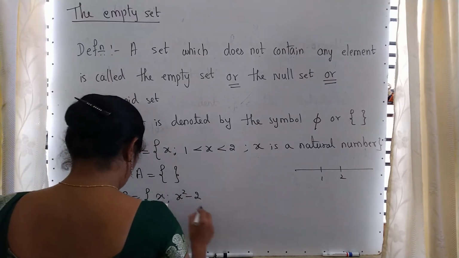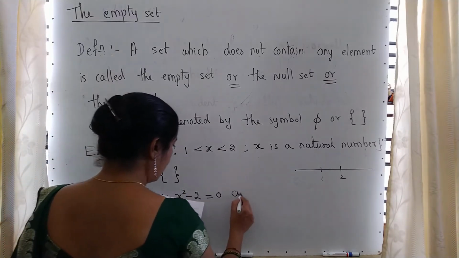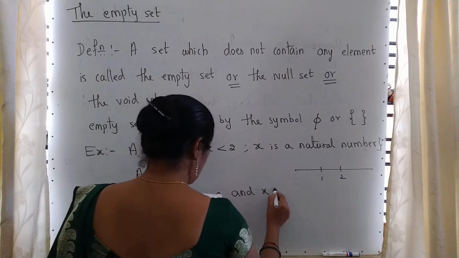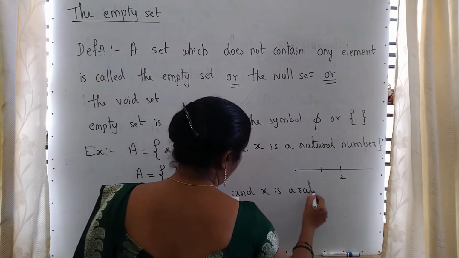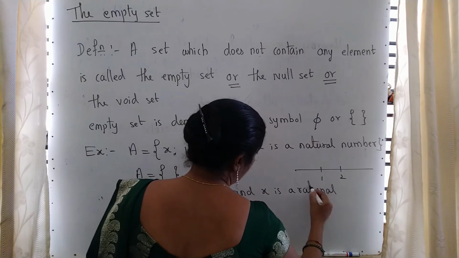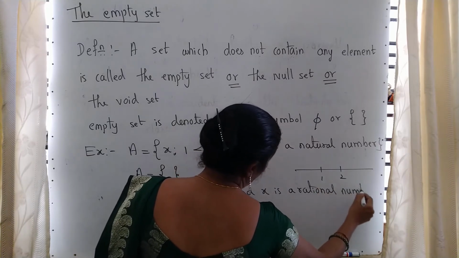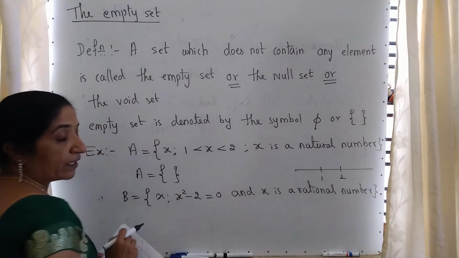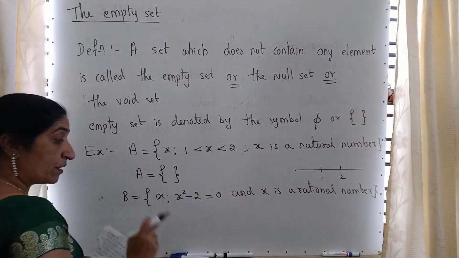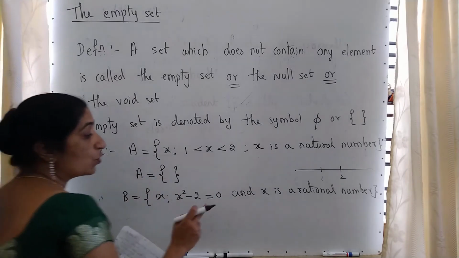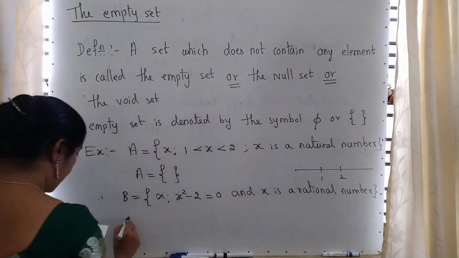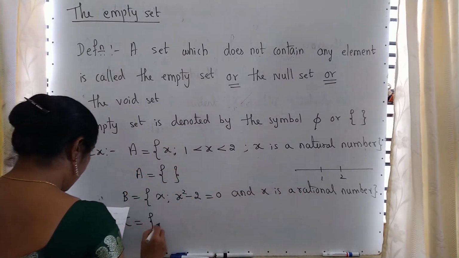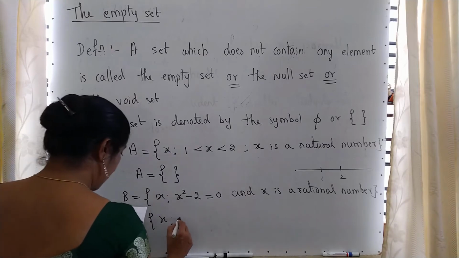B: x such that x square minus 2 is equal to 0 and x is a rational number. See, this is also an example for null set. Why? Because when we solve x square minus 2, you will get x is equal to plus or minus root 2. Root 2 is not a rational number. Whatever examples I am giving are examples for empty set.